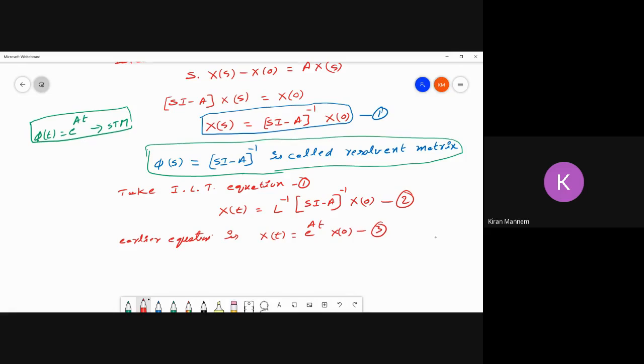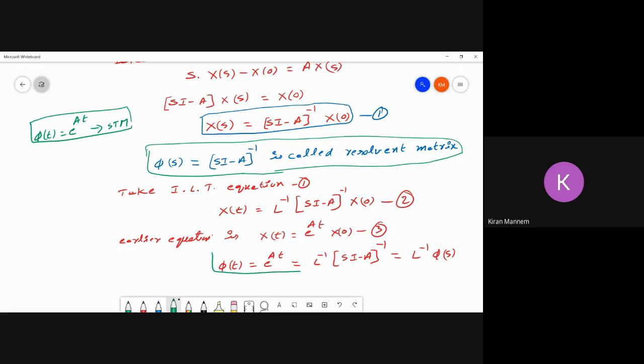Now compare these two equations. Pi of t is equal to e power At. We know this is the state transition matrix, and this is equal to L inverse of sI minus A inverse, which is nothing but L inverse of pi of s, which is equal to the state transition matrix.